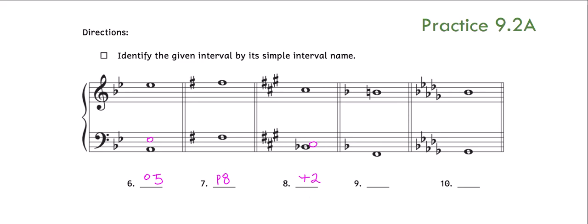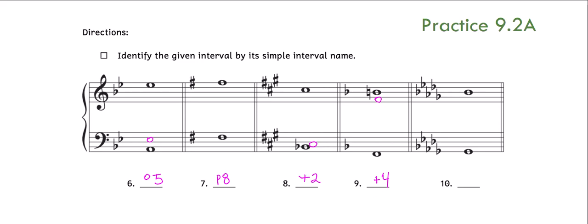Number 9. Let's move this F up here. This is a fourth. Now F to B, for it to be perfect, would need either F sharp or B flat, so this is not a perfect fourth. F to B flat would be perfect. Raising B flat to B natural makes it bigger, so this is an augmented fourth.